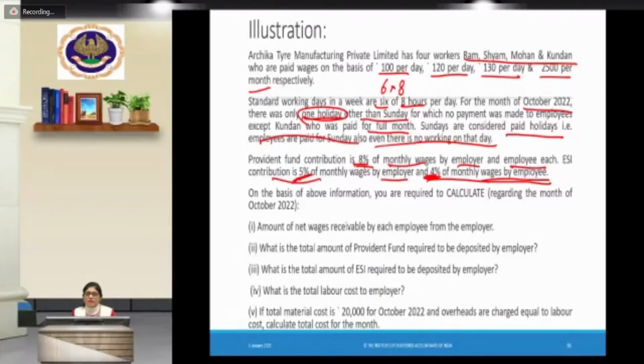The percentages are different for ESI, so you should know which to take in earnings and which in employee cost. I've explained this many times, so there should not be any mistake. On the basis of the information, calculate the figures for the month of October.